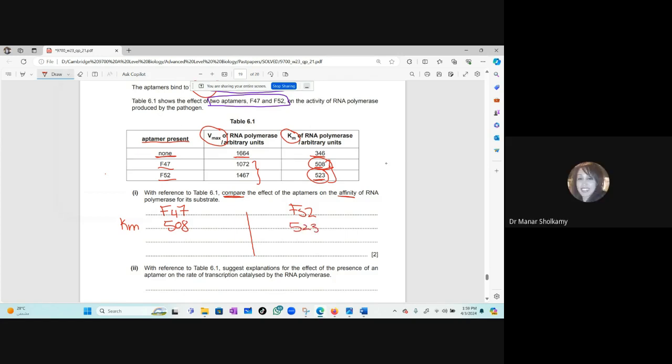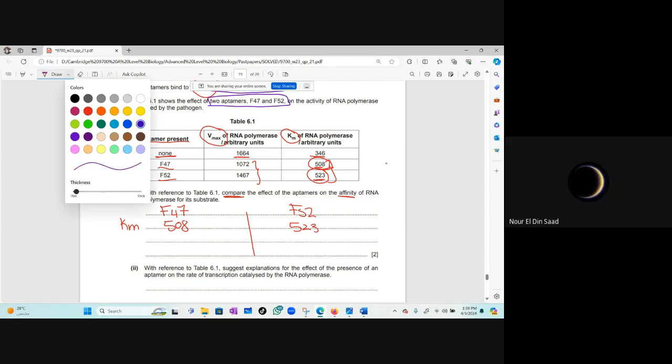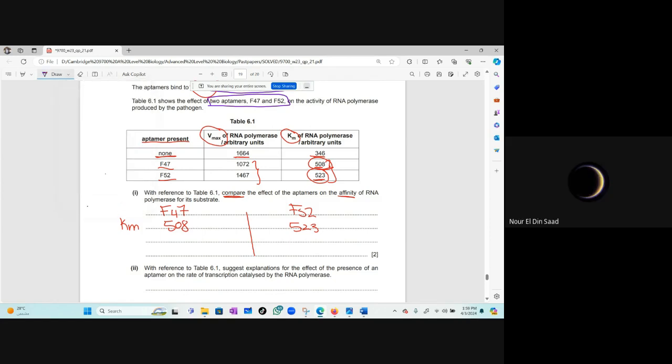Which will have a higher affinity? 508. Of course. So this will have a higher affinity. Even though both of them have less affinity than the original, F47 will have higher affinity. Both of them reduce the affinity, but this one will have a higher affinity.